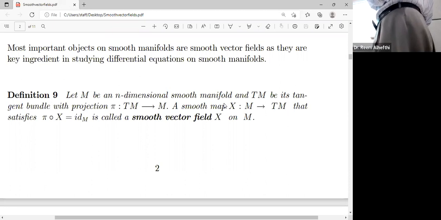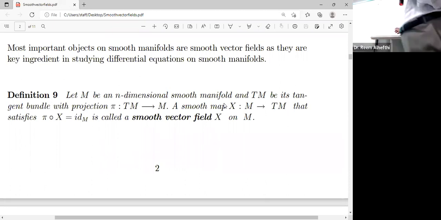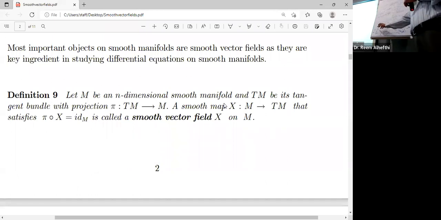This is global for C infinity M. Because for a function F, you have shown that XF is in C infinity M. So given a vector field, it acts as a map from C infinity M to C infinity M, the algebra of smooth functions, right?